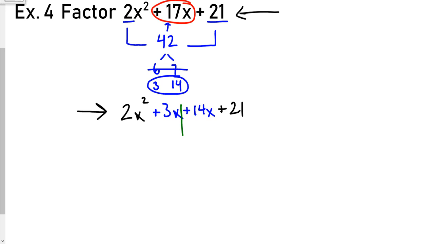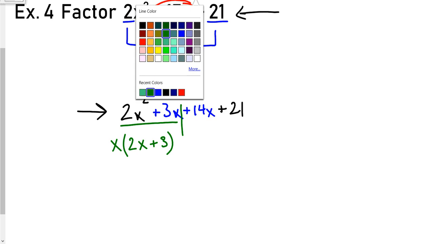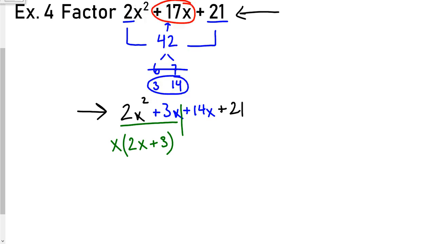I can try to factor by grouping. The GCF of the left-hand side is just x. What's left over? I have 2x plus 3. Over on the right-hand side, what's the GCF between 14x and 21? Well, a positive 7. And what's left over? I have 2x plus 3.